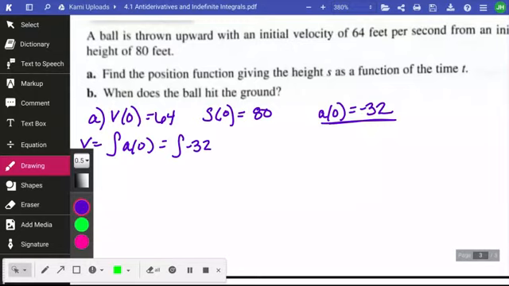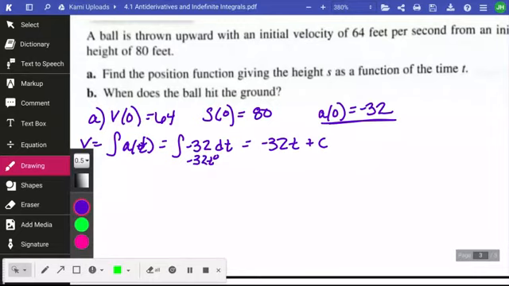Since my variable is t, you'll write it as a differential with dt. What is the antiderivative of negative 32? Since there's no variable, think of it like this. So the antiderivative is negative 32t plus c.